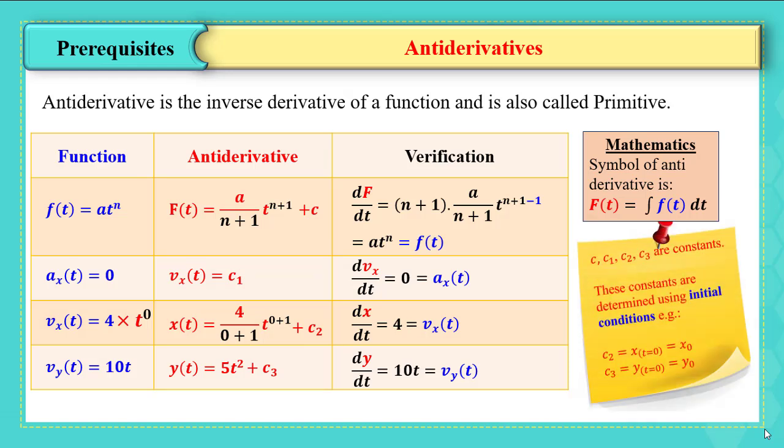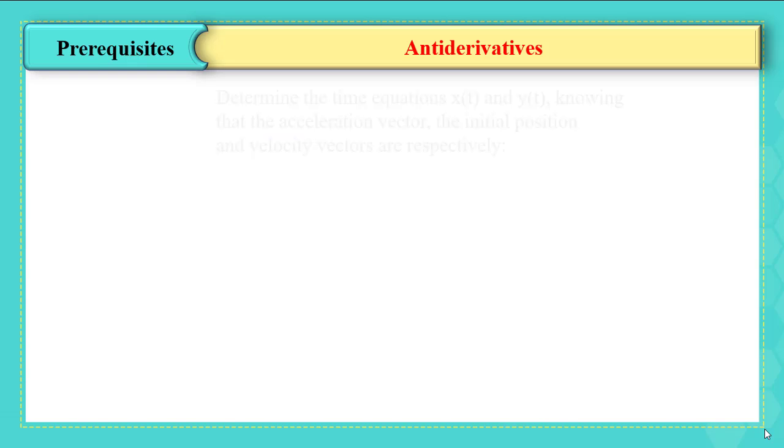Note that the constants c, c1, c2, and c3 are determined using the initial conditions. For example, c2 is x at t equals 0, which is x0, and c3 equals y at t equals 0, y0. In the next example, it will be more clear to understand it.